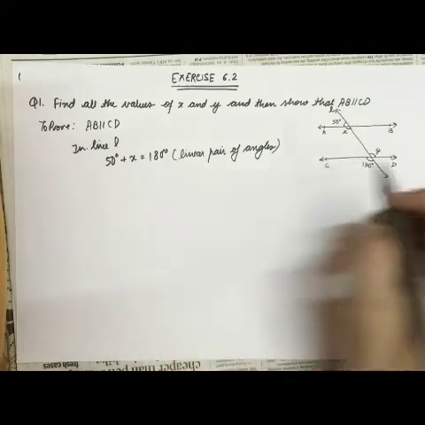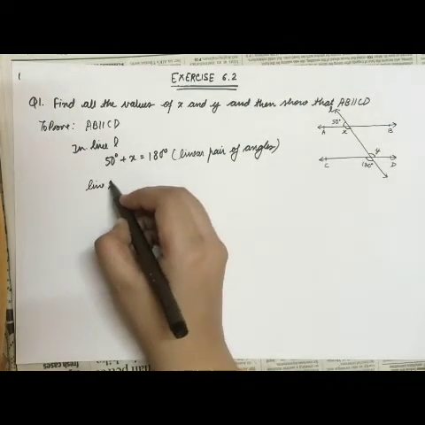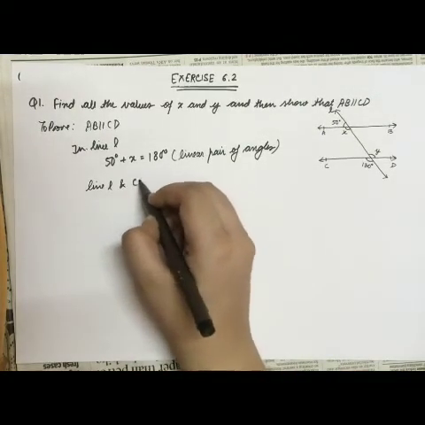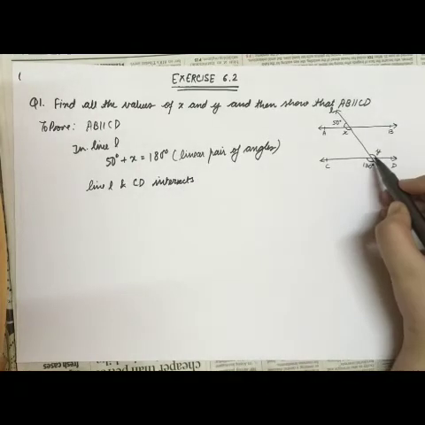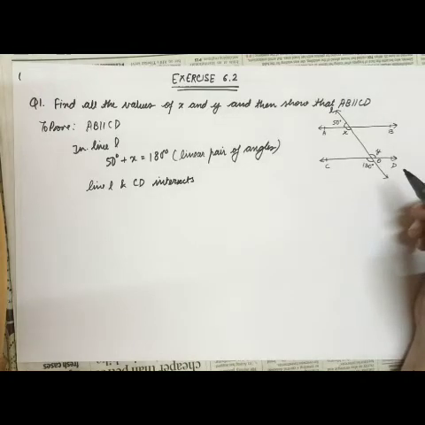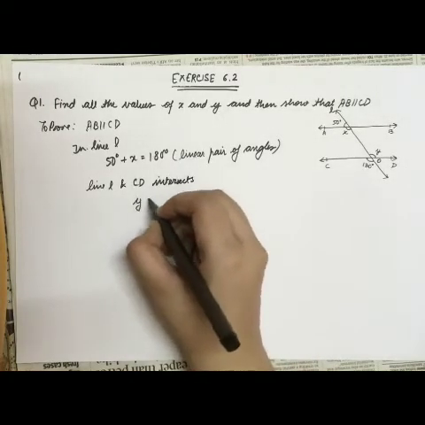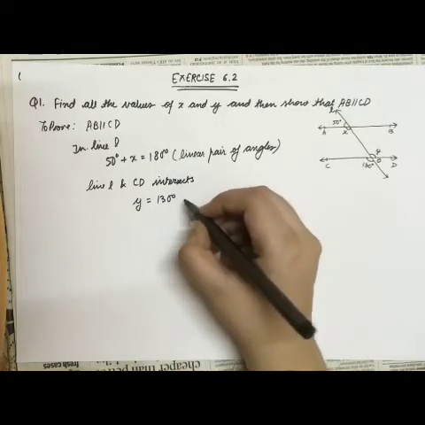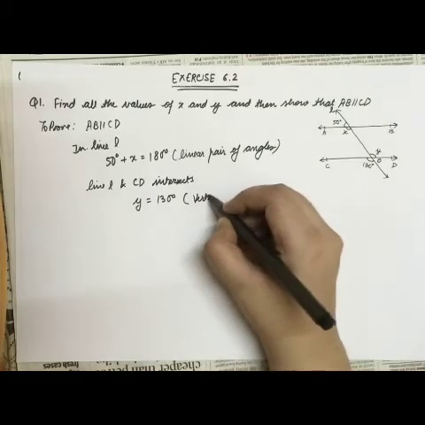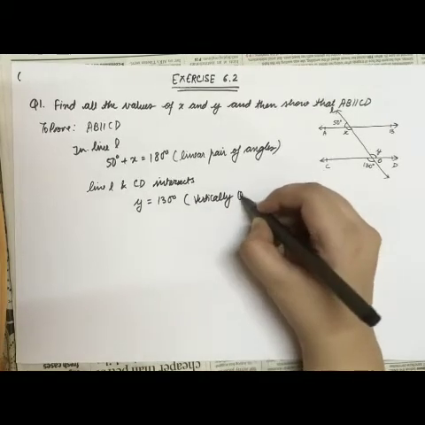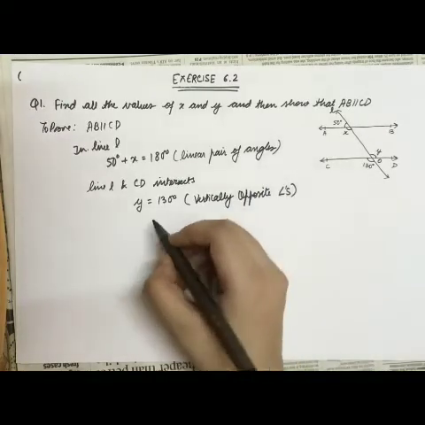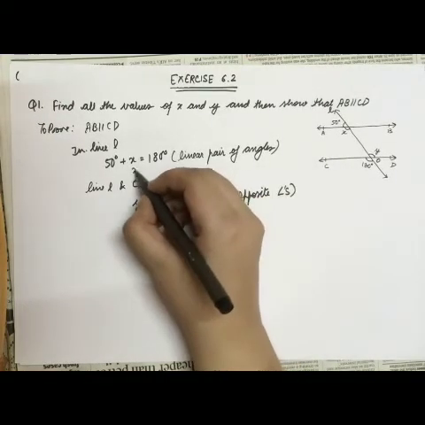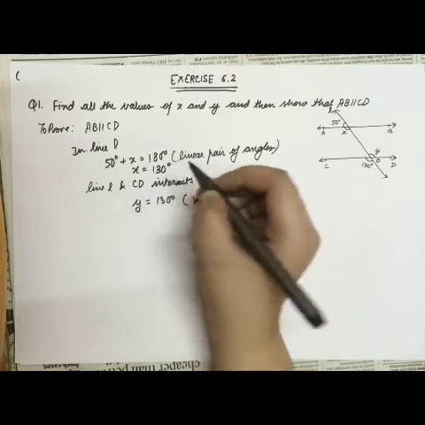And line L and CD intersect at O. Let it name as O. Then y is equal to 130 degree because of vertically opposite angles. Now we can see x is equal to 130 degree.